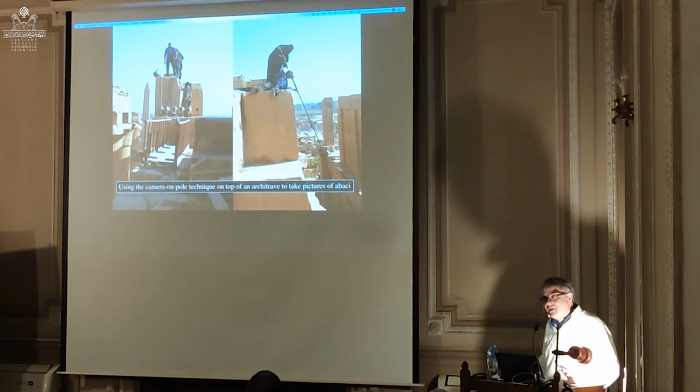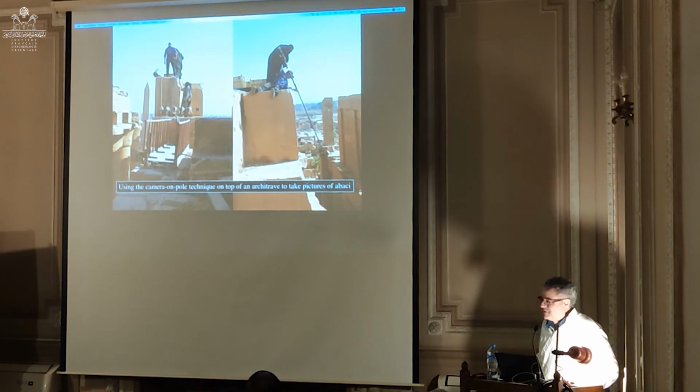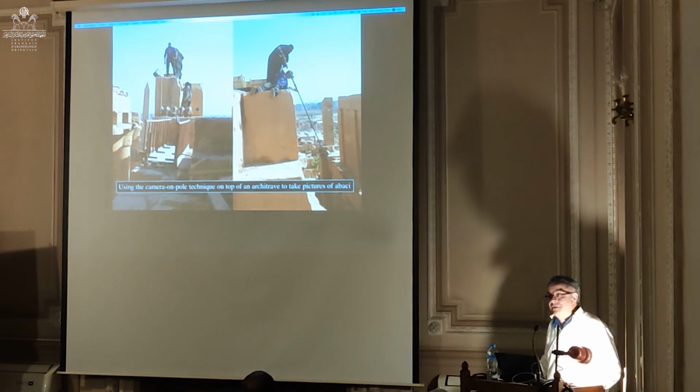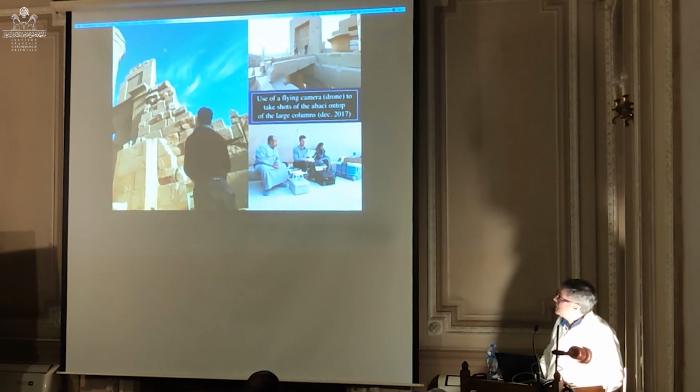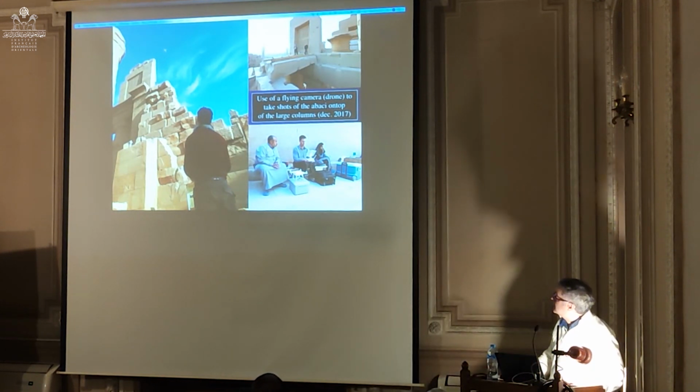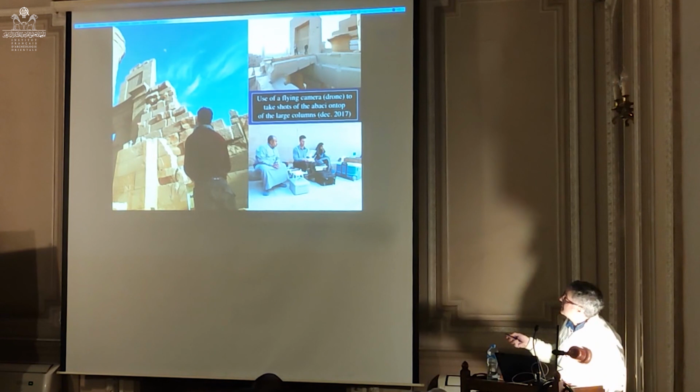So we were not really very confident about this approach, and with the help also of Chicago House, who very kindly and courteously let us use their drone, we were able then to have it flown through the top section of the colonnade in order to take shots of these abaci.